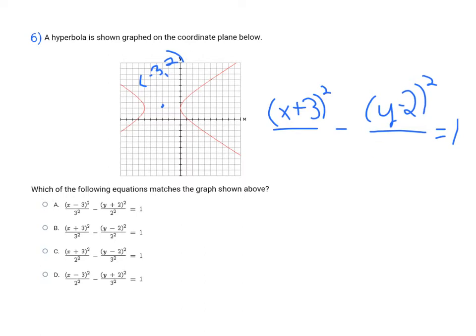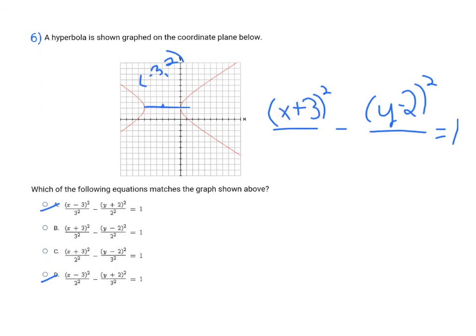But just knowing that part of it with the centers is going to eliminate a and d as choices. So because this hyperbola is opening left and right, I knew that its transverse axis is horizontal and going the same way as the x-axis, so I knew to put my x coordinate first.